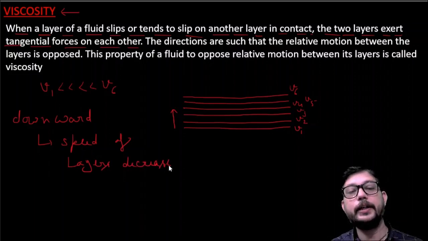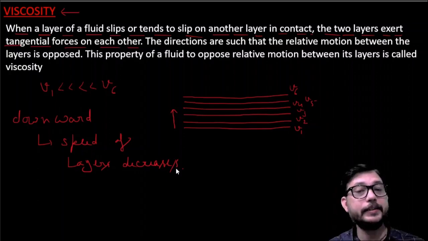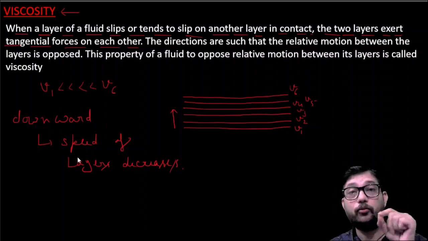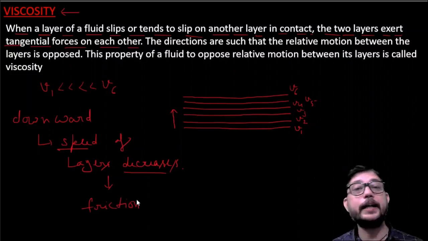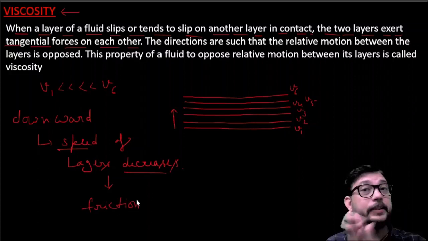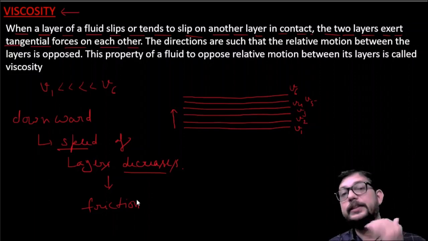I have told you that the speed decreases, and what is the property due to which the speed decreases? That is nothing but friction. Because we know that due to the friction between the surfaces, the speed continuously decreases.